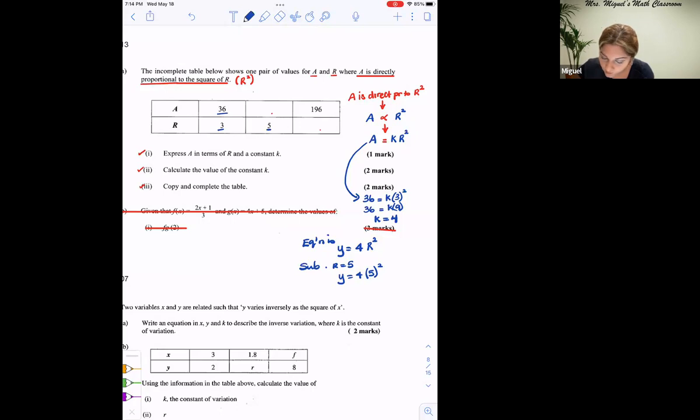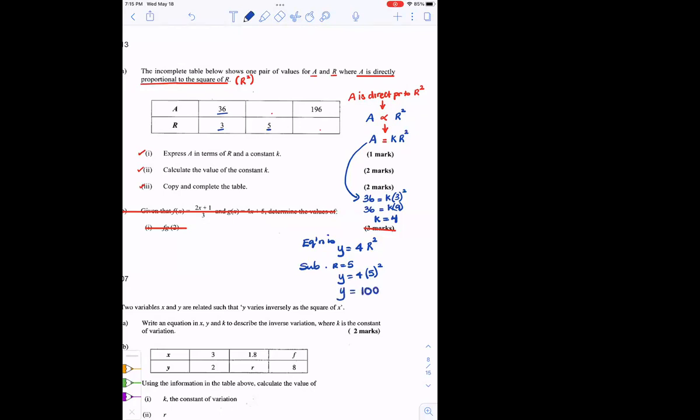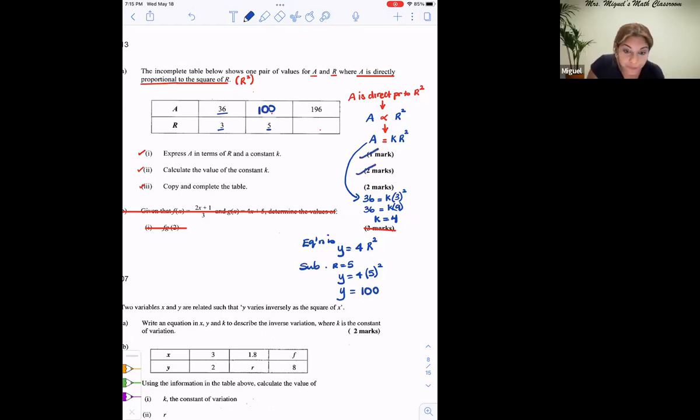You could put 4, open bracket, 5 squared and it'll give you the answer. What's the answer? 100. So here we have 3 marks, and we have 4 marks so far. So we need to get this 5th mark here.